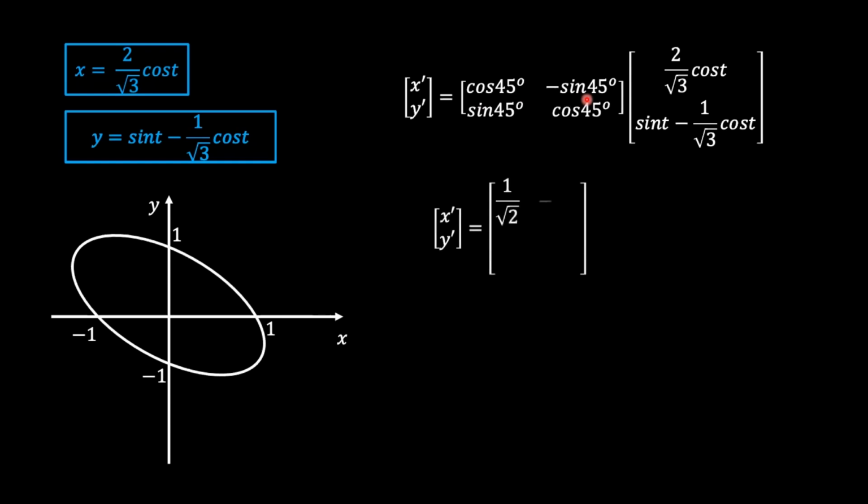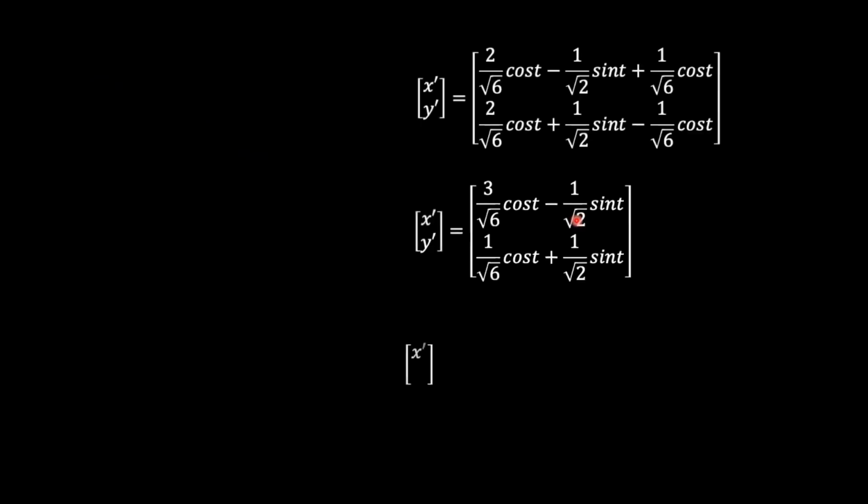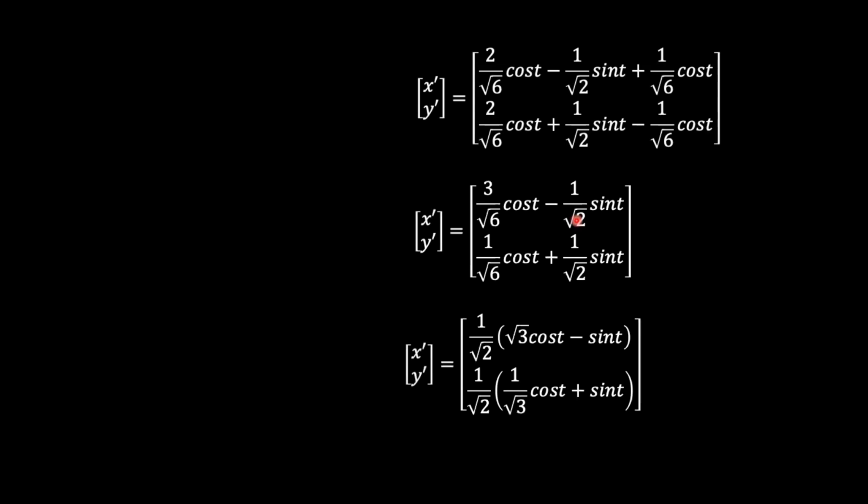And as you can see, cosine 45 is 1 over root 2, and sine 45 is 1 over root 2 as well. So you multiply that out, you get that expression. And if you simplify it further, you come to 1 over root 2 times root 3 cosine t minus sine t, and then 1 over root 2 times 1 over root 3 cosine t plus sine t for the x prime and y prime respectively.